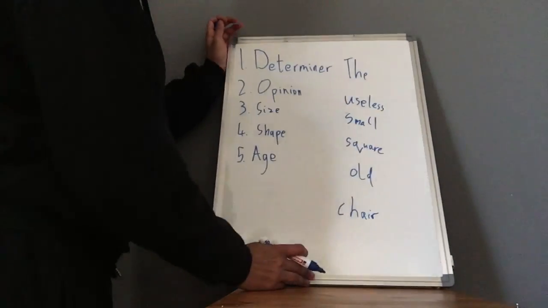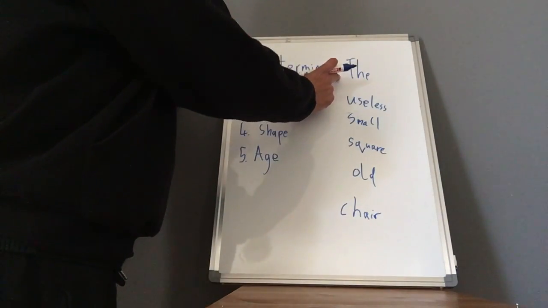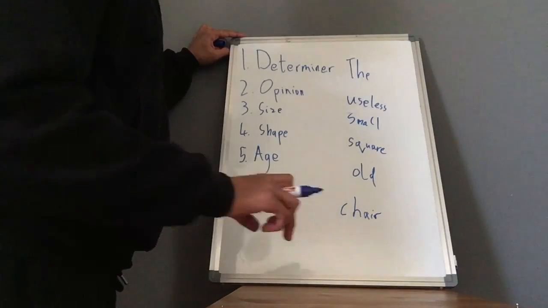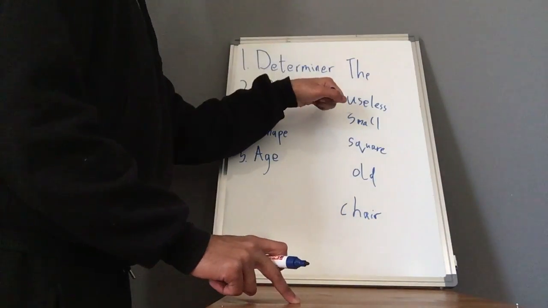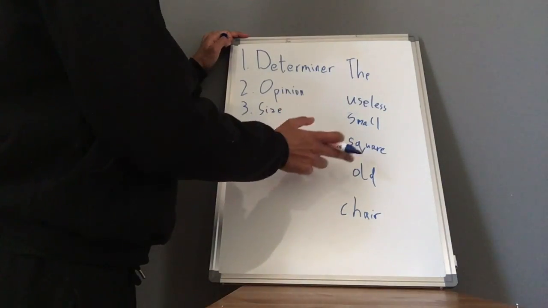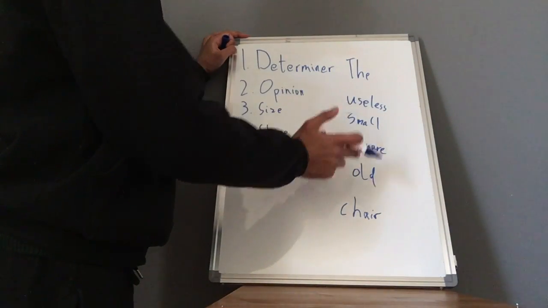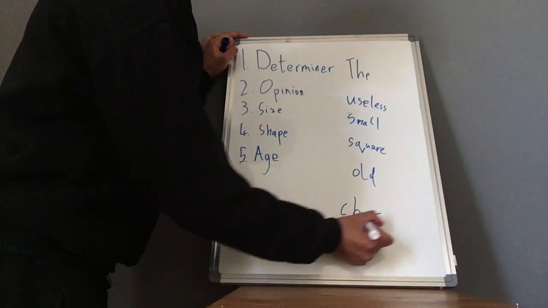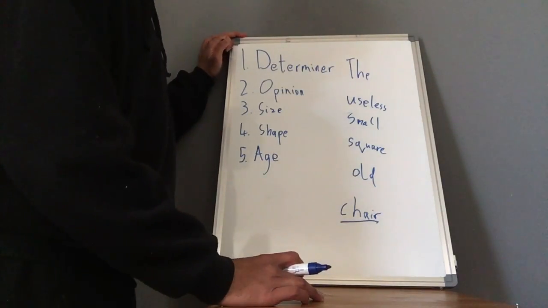So, the tells you what I'm talking about, which chair. Useless is my opinion on it, not very useful, useless. Small, square, old: size, shape, age, and then you finish off with the noun you're talking about.